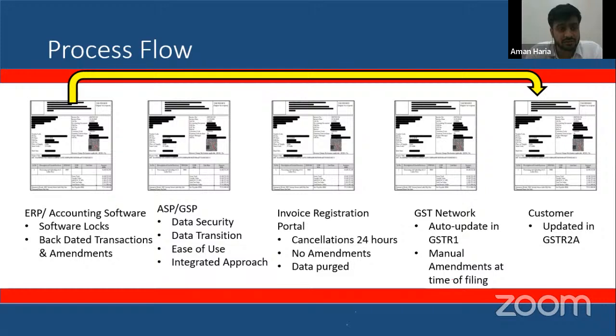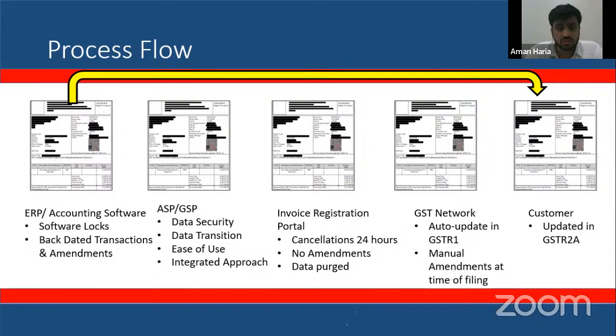However, moving forward, what is going to happen is, first you will generate your invoice. You will now click on that button which will be provided in your system for generation of e-invoice. So at the back end, the software will capture the details.